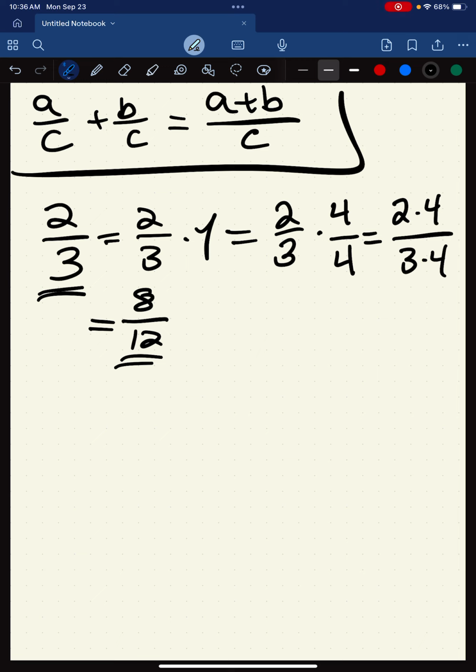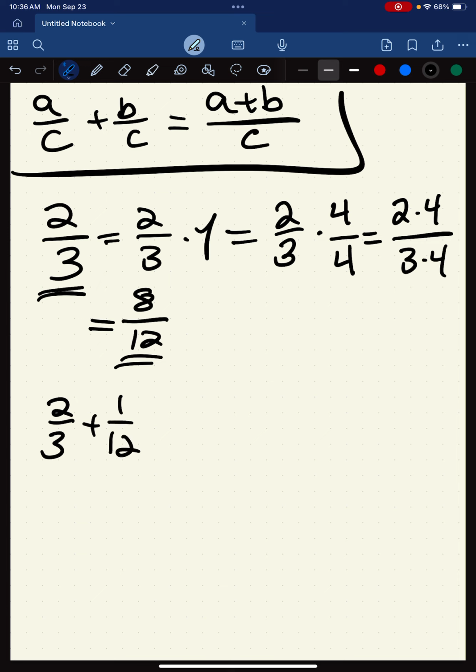But now we can change the denominators as we need in order to rewrite fractions into equivalent forms. So, for example, let's say we have 2/3 plus 1/12.